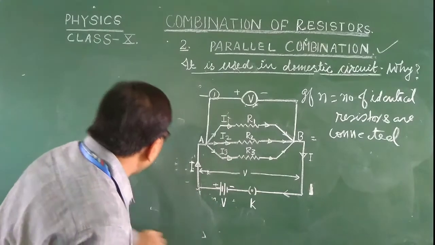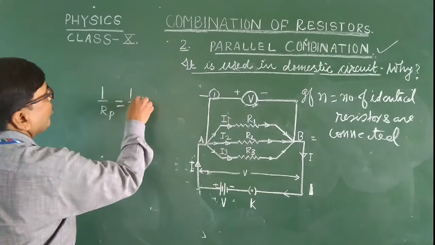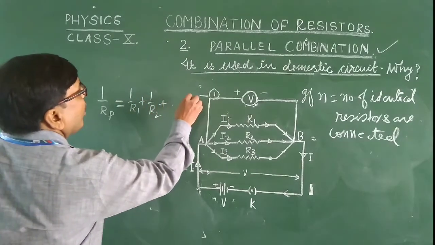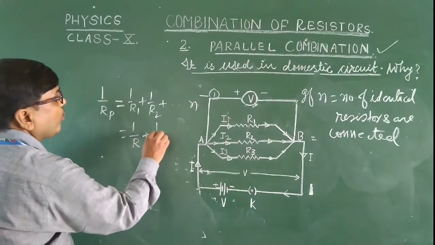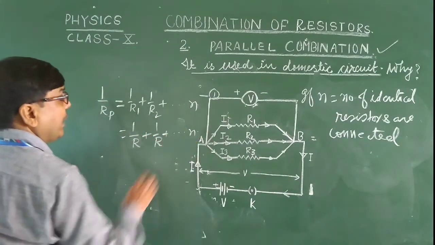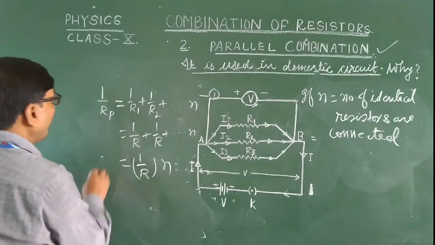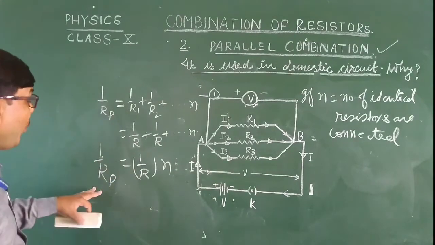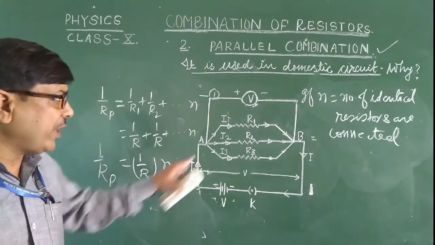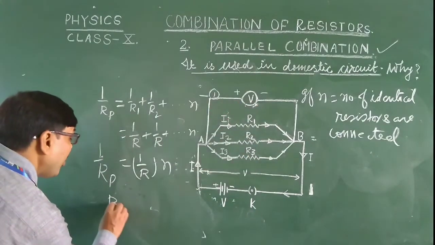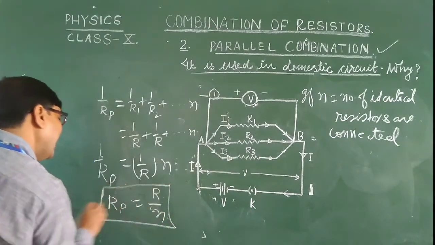Once again, 1 by Rp is equal to 1 by R1 plus 1 by R2, and so on up to n terms. All are identical, so put 1 by R up to n times. So we write 1 by R into n. Just clear: 1 upon Rp is equal to 1 by R into the number of resistors. So Rp is equal to R by n. This is the expression for n identical resistors.